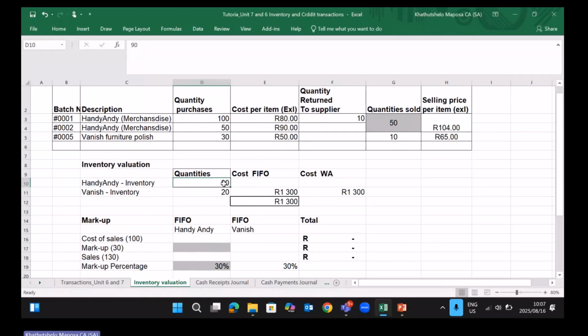Since we're using first in first out, when we returned 10, they were coming from those 100, meaning we're left with 90 from those 100.